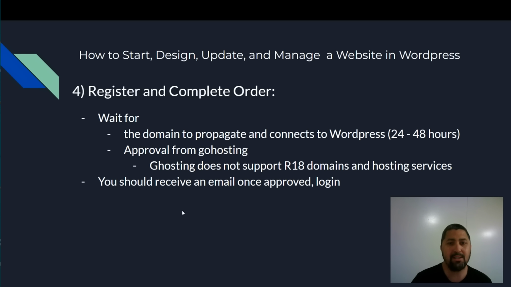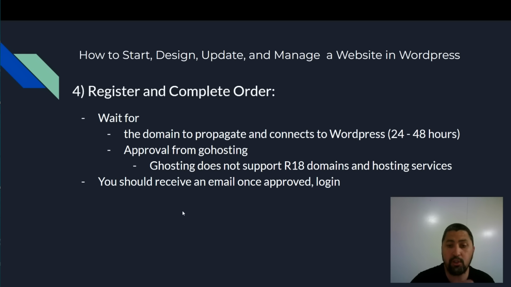And once this works and once everything has been integrated, the domain will then propagate, or WordPress will propagate to the domain. And then also there is some form of approval from Go Hosting, because Go Hosting do not support R18 domains or hosting services at the moment.